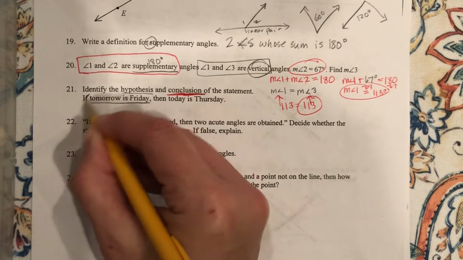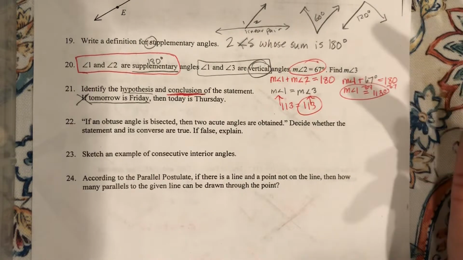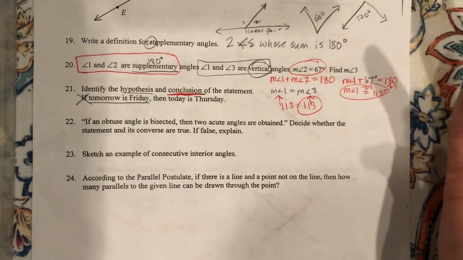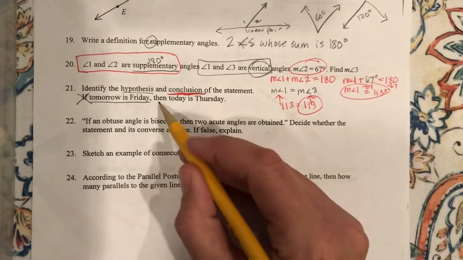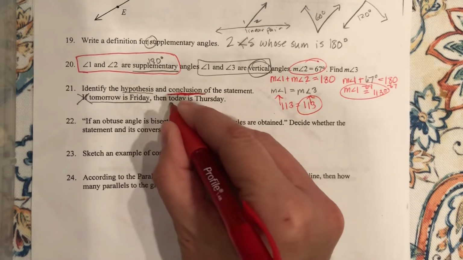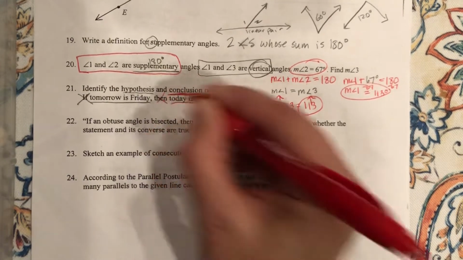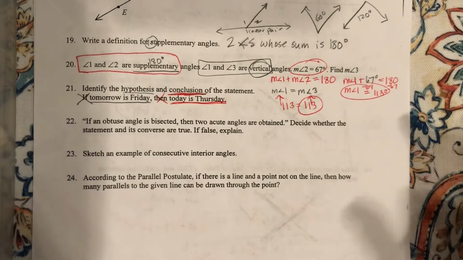Tomorrow is Friday. I'm just going to put an X over that because the if is not really part of the hypothesis. We really didn't take off if you wrote it that way, but technically it's not. Then the conclusion is what's going to happen if the hypothesis happens. Then today's Thursday. There's your hypothesis and conclusion.